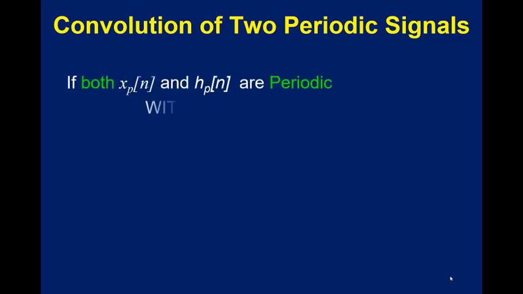The systems thinking, what would that be? That would be like putting a cosine into a system whose unit sample response is also a cosine. And we're saying that periodic can have the same period. So I'm putting a cosine signal into a system whose natural response is the same cosine.